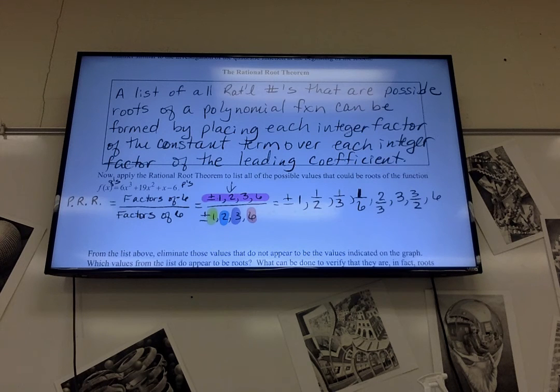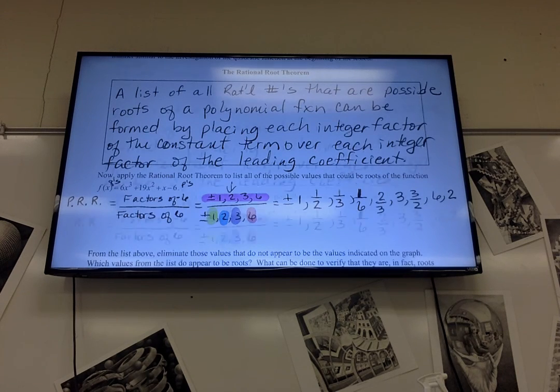I just forgot to write it down. Sorry. And 6 over 6 is 1. Oh, I forgot to write that down. Maybe I thought we already got it. So let's see. 1, 2, 3, 4. So technically we have 18 because you can have the positive version of that or the negative version of that.